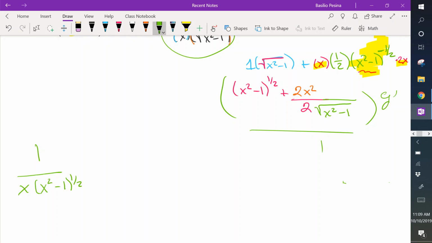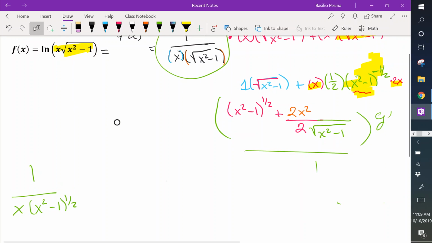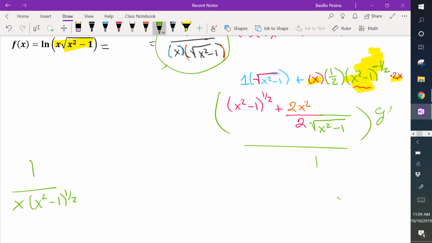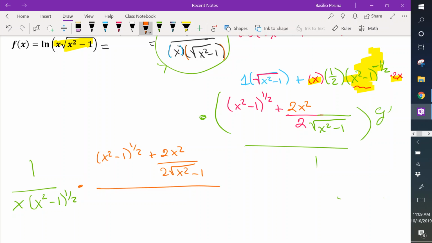Sorry, I just rewrote everything and I'm really struggling right here to get this. Okay, so I pretty much rewrote this right here, and I'm about to multiply it by this. So this gets multiplied by this right here. So my entire numerator gets multiplied by x squared minus 1 to the 1/2 plus 2x squared to square root of x squared minus 1.